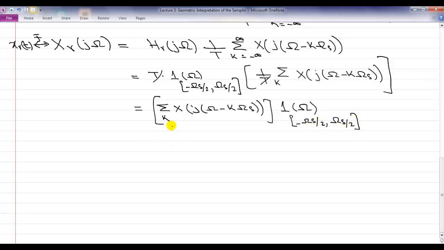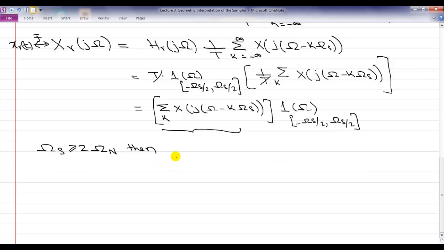Now previously what we saw was that if you are doing the Shannon-Nyquist sampling using a band-limited signal, which means that your ω_s is greater than or equal to 2ω_N, then there is only one copy, only one summation term that lies between −ω_s/2 and ω_s/2.